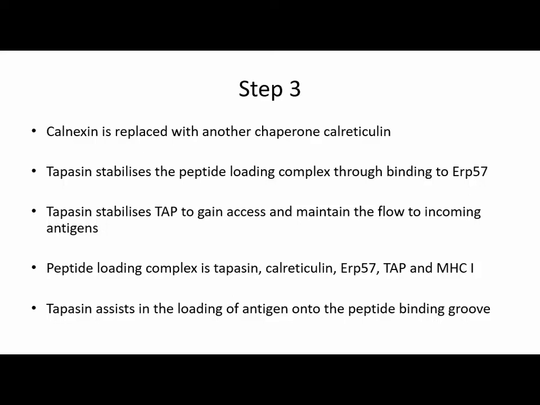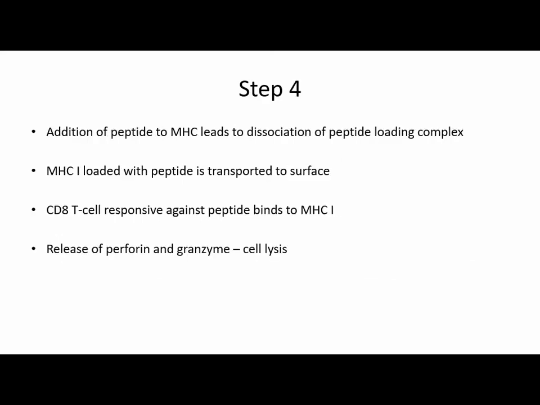And the job of tapasin at that point is to assist the transfer of the incoming epitope from TAP onto MHC1. Tapasin will facilitate the removal or the transport of the epitope from TAP onto MHC1. Okay? And once that's happened, tapasin loads the epitope on the MHC1.